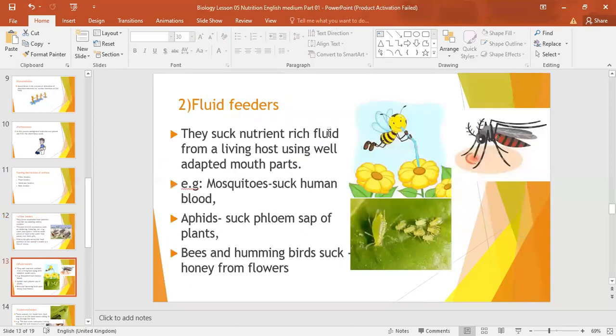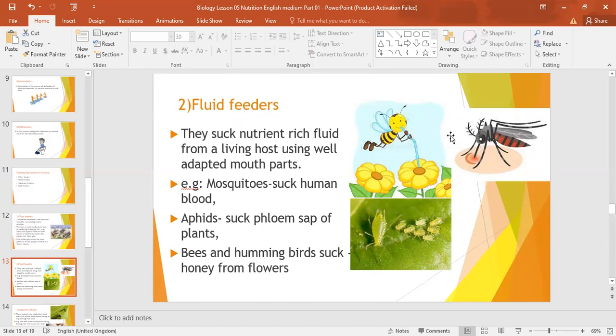Second one is fluid feeders. You can easily take an idea from this cartoon honeybee. This honeybee is sucking honey from the flowers. This straw represents its mouth parts. Their mouth parts are highly adapted to sucking fluid.